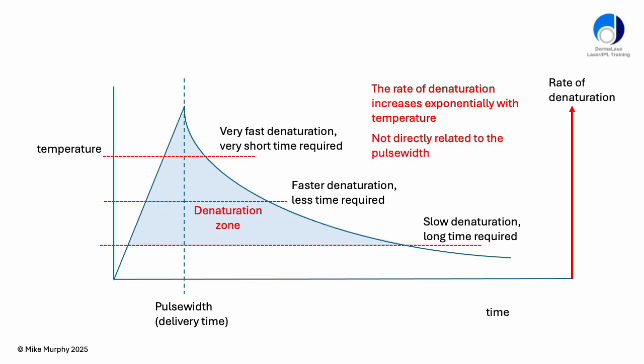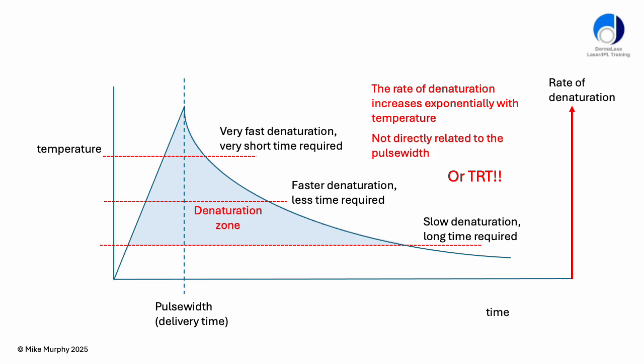But the timing here of the denaturation is not directly related to the pulse width. As you can see, for these three different levels I've got here, the denaturation times are quite different, but none of them are directly related to the pulse width or the relaxation time.